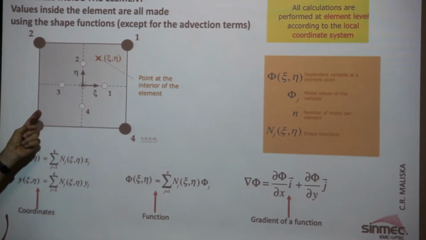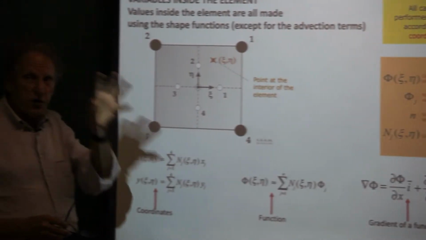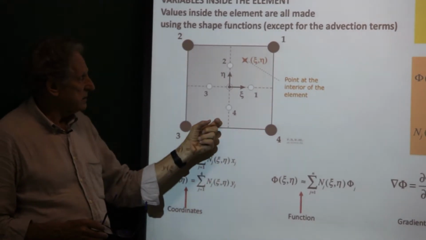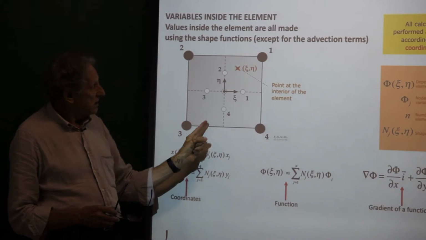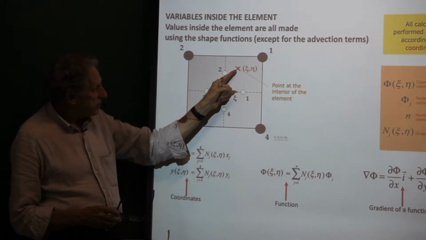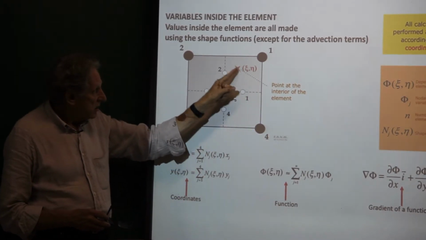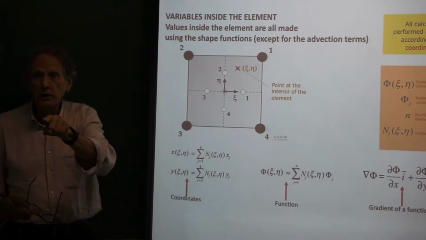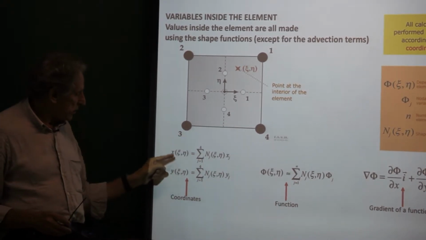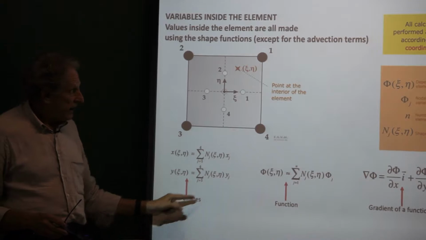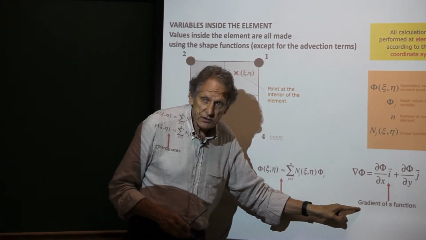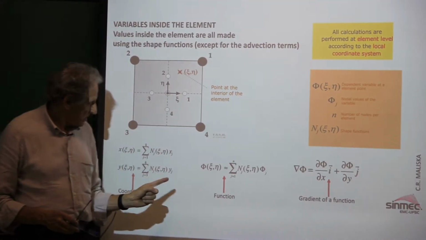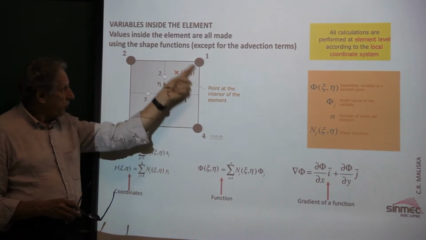Here is our transformed quadrangular element in the xi eta coordinates. Then you can calculate there, for example, a point at the interior of the element. You choose the point where you want to calculate everything. You can calculate coordinates, functions, and the gradient of a function. Everything with it, if you have the 4 shape functions defined.